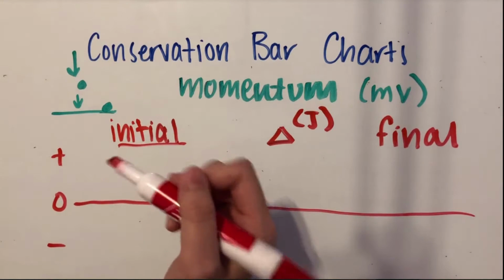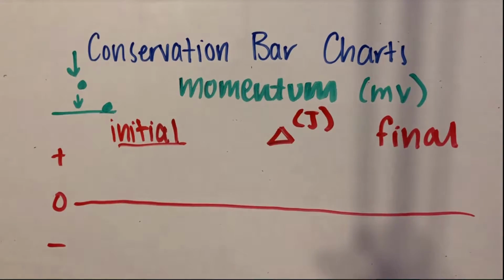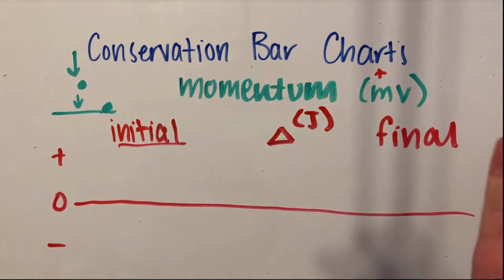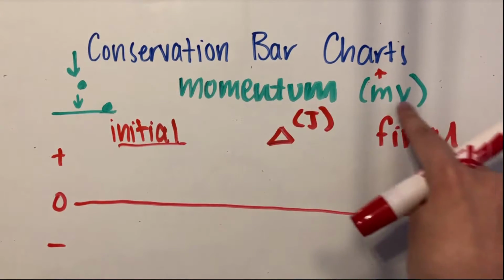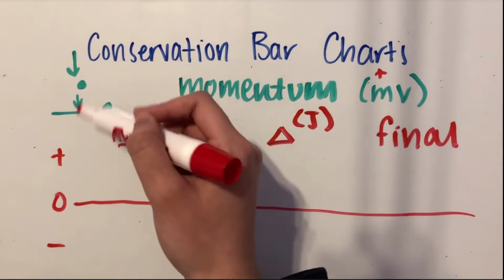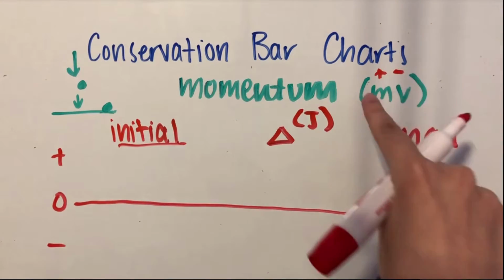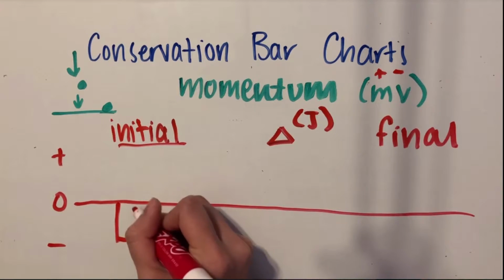This piece of clay has a non-zero negative momentum because its mass is positive, since mass is always a scalar quantity, and velocity is a vector quantity. The velocity is also non-zero, but since it's a vector and it's moving down, we could define that as negative. A positive times a negative gives us a non-zero negative answer.